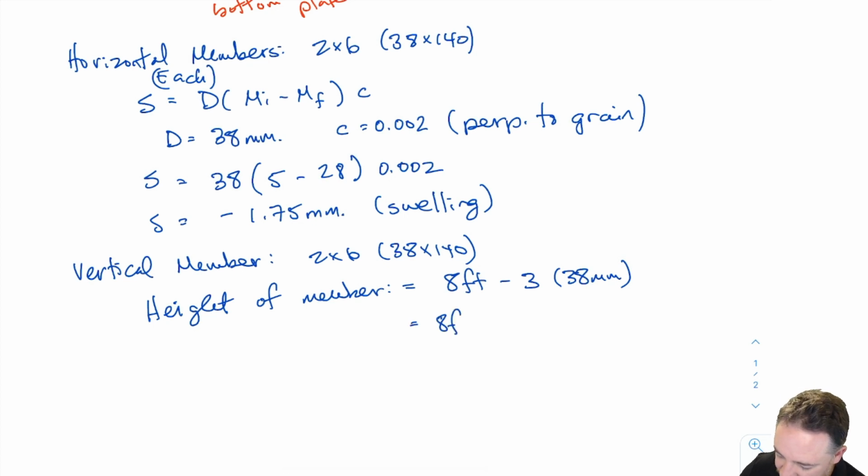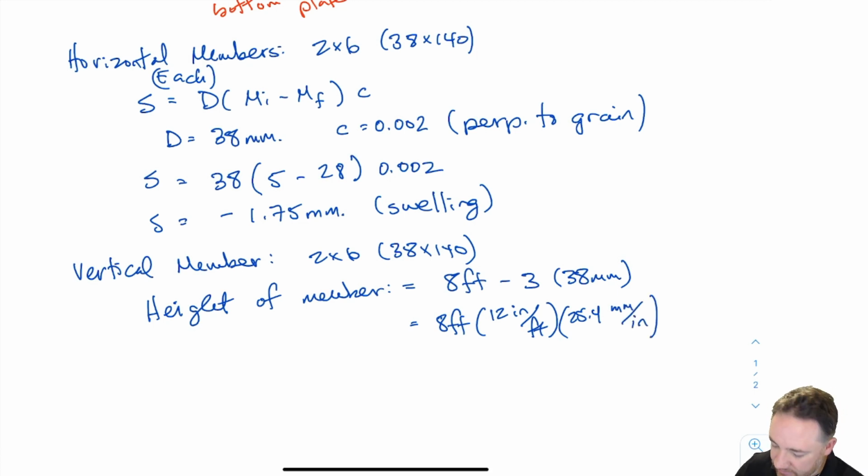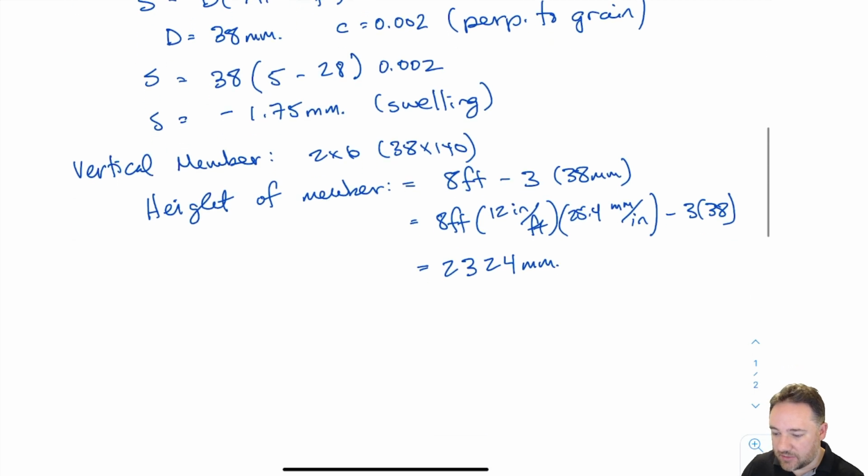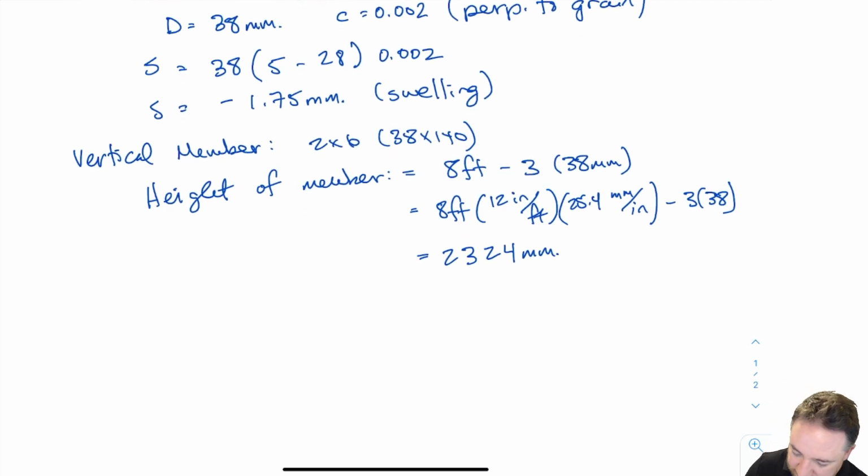We have 8 feet times 12 inches per foot times 25.4 millimeters per inch, minus 3 times 38. Then if I calculate that all out, I get that the height is 2324 millimeters.